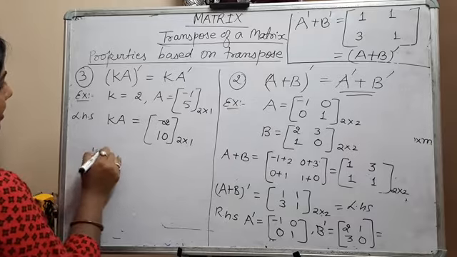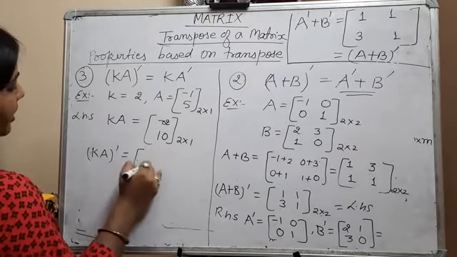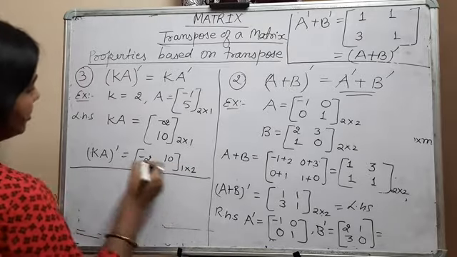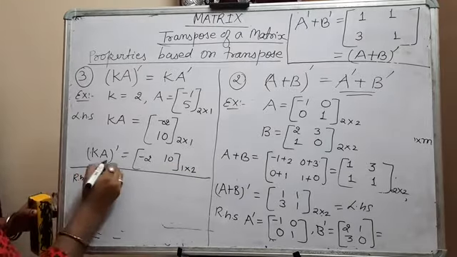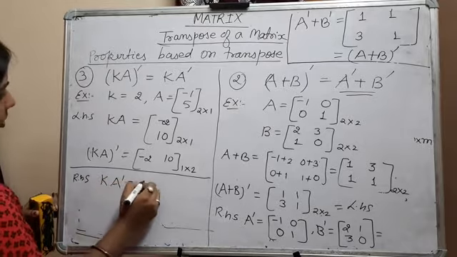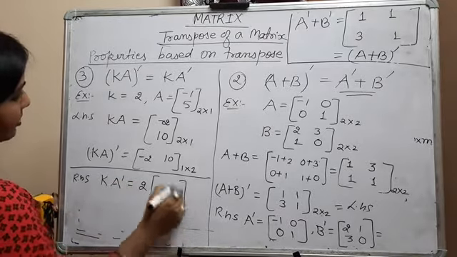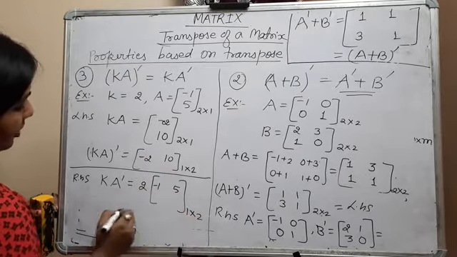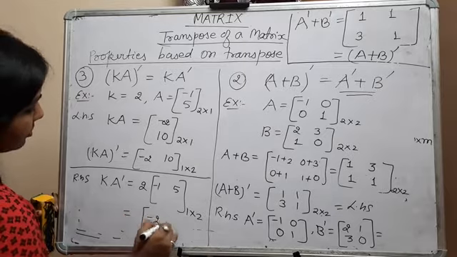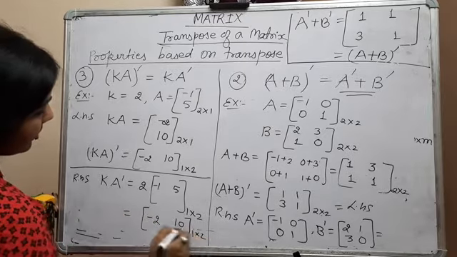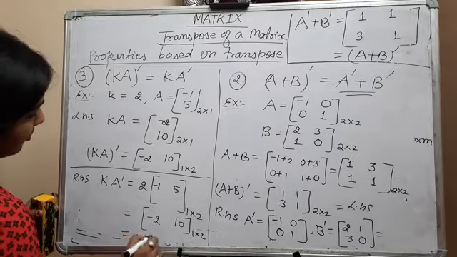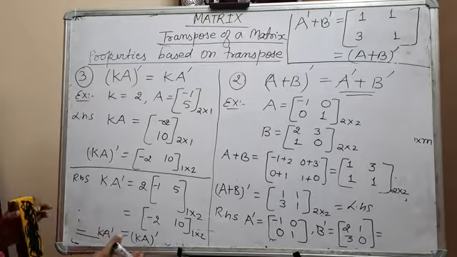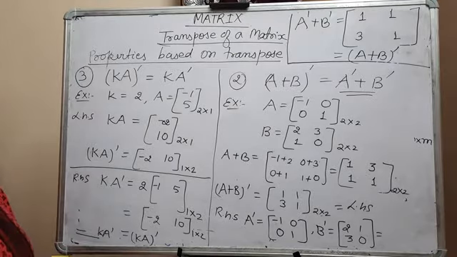Then KA whole dash will be minus 2, 10 with order 1 by 2. Now I will proceed to the right hand side part, K A dash. K is 2, and A dash is minus 1, 5 with order 1 by 2. Finally we get minus 2, 10, and this value equals KA whole dash. So it is proved, LHS equals RHS.